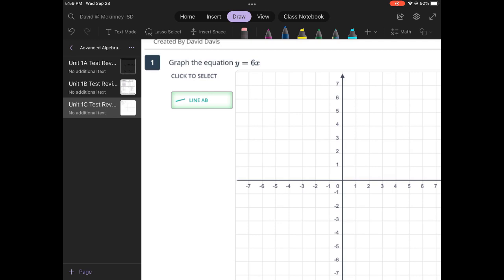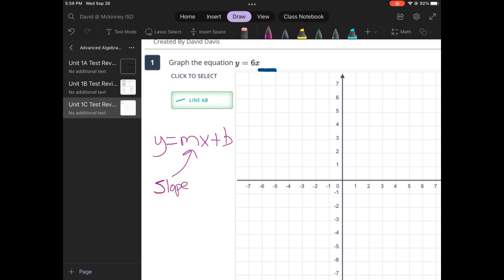So it's very important to know what this is missing and how I go about accounting for that. So in this case, when I have y is equal to 6x, I need to remember that there is a value that I don't write that goes in that particular location, and that value is going to be my y-intercept.